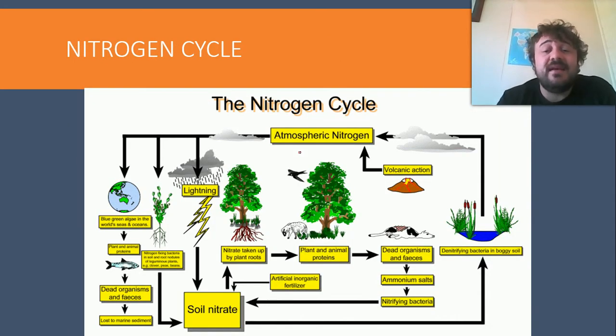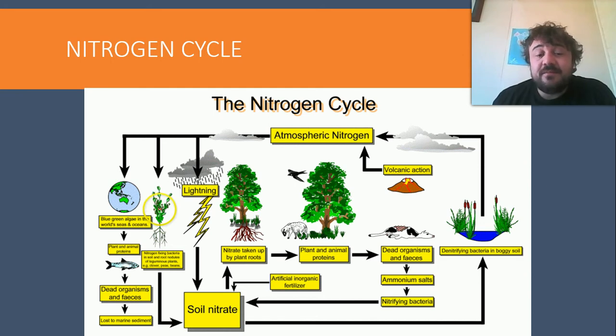All right, so let's have a quick look at where these two are. You probably want to get this down. So this is the nitrogen cycle. Now, being a cycle, it doesn't really have a beginning or end, but we'll start up here with the atmospheric nitrogen, okay? Now, nitrogen, as it is in the atmosphere, is fairly inert. It doesn't react. However, it gets broken down in the blue-green algae and then makes its way into the oceans.